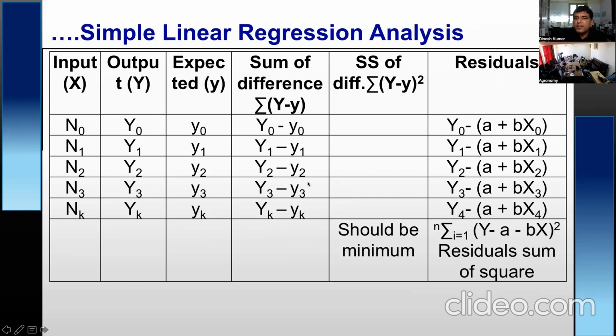Now you square these values, and the total of the squared values should be minimum. That line will give us the fit. Residuals mean observed data minus A plus Bx0. I will explain this.